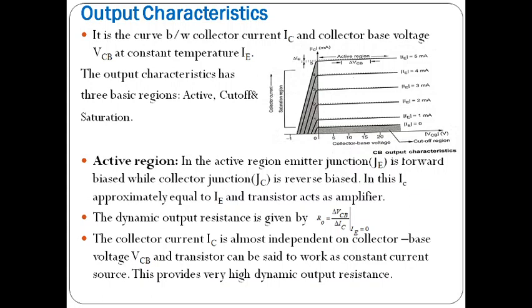This provides a very high dynamic output resistance. Why? Because IC does not depend on VCB, so delta VCB by delta IC is a large value. Clear?